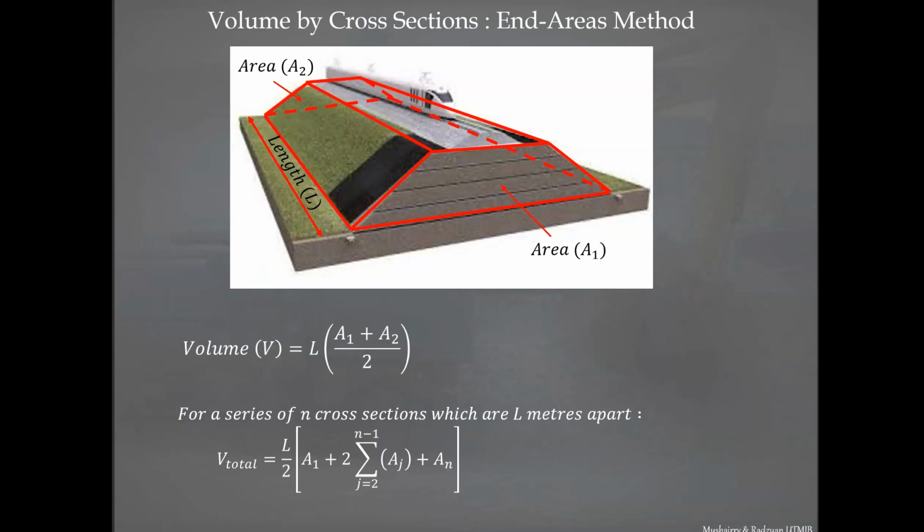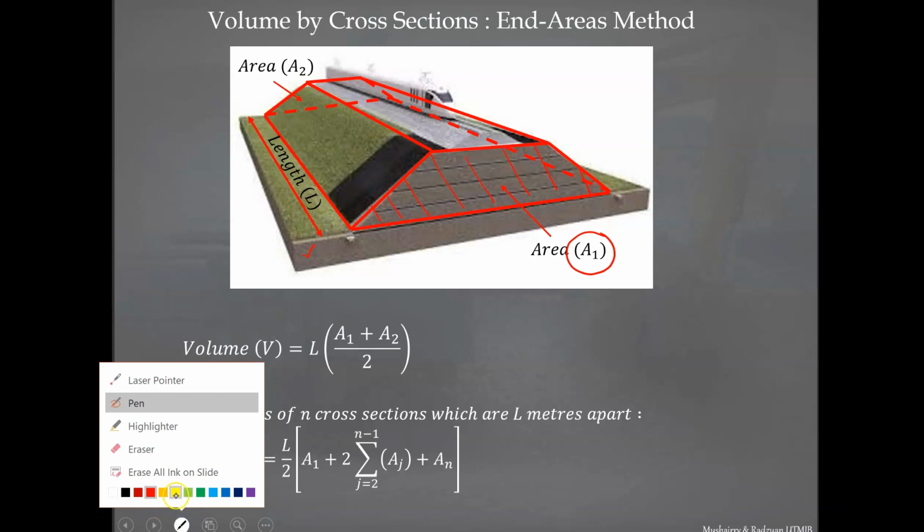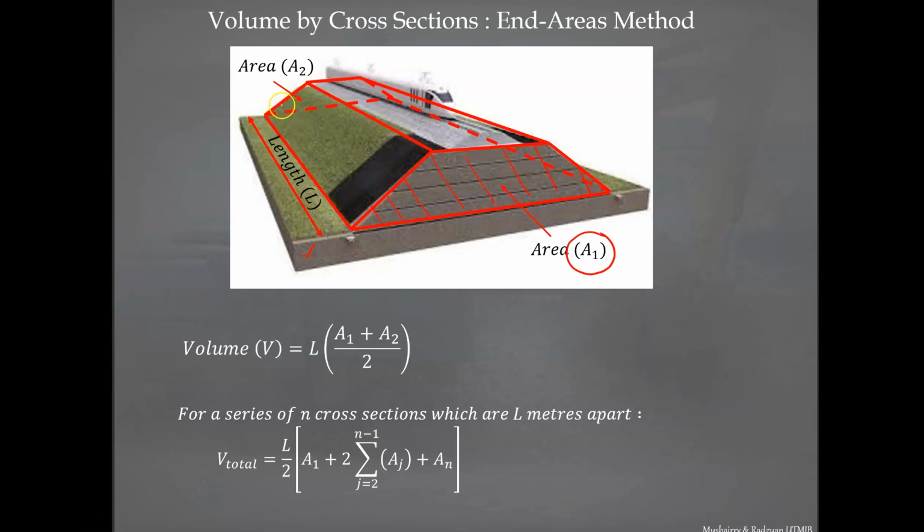Okay, volume by cross sections. What I have there is basically a cross section, the first cross section, the area there, call it A1. And I have another cross section, let's use a different color, let's use cyan, at the back here, and let's call that A2.